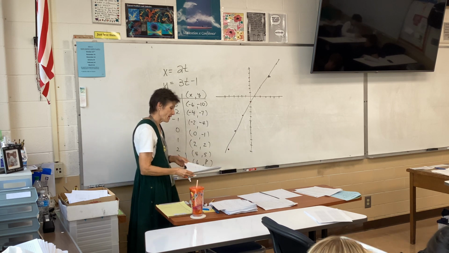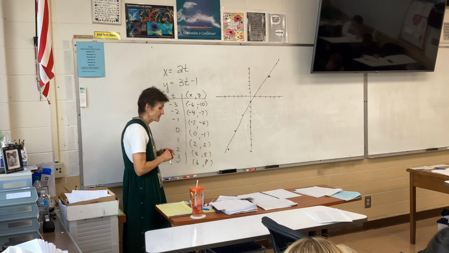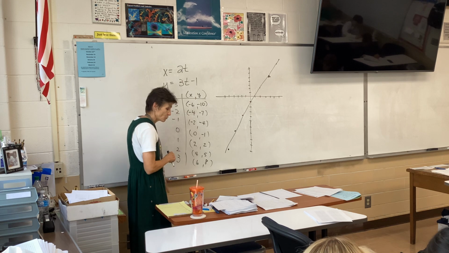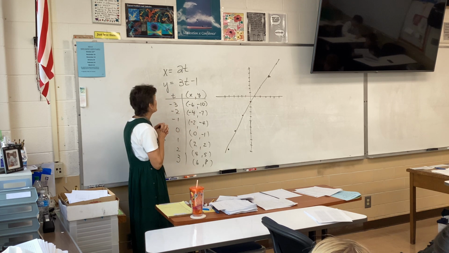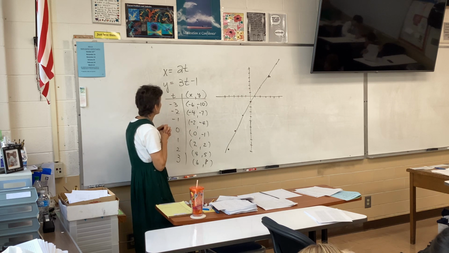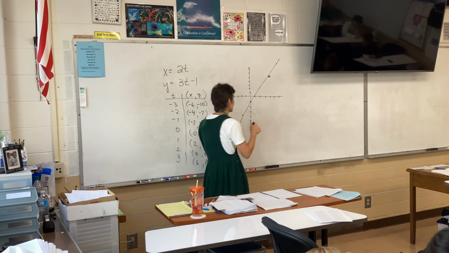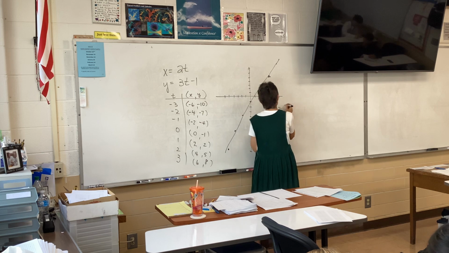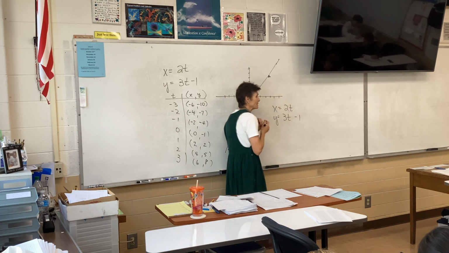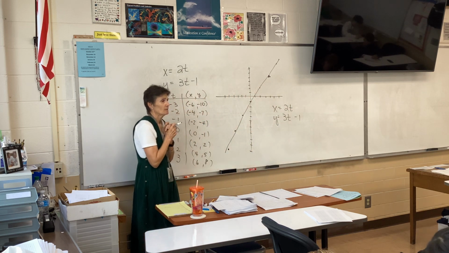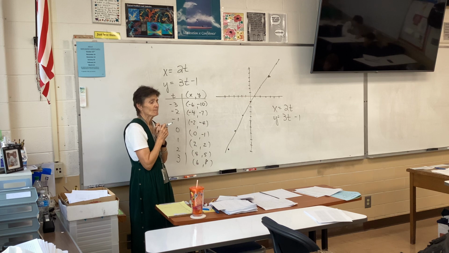Well, let's check that. Because part B says, find the direct algebraic relationship between x and y by eliminating the parameter. I can't remember how we did this the other day.